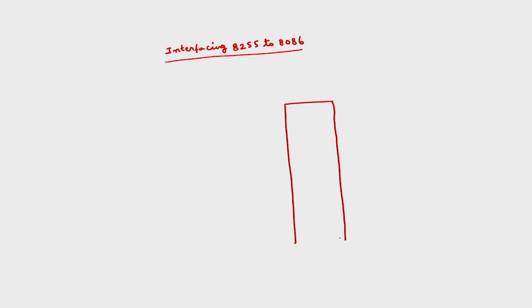Before that, I will discuss the interfacing of 8255 to 8086. So, what are the connections required between these? We know that we have discussed the pin diagram of 8255. The different pins of 8255 are: we have 3 ports.